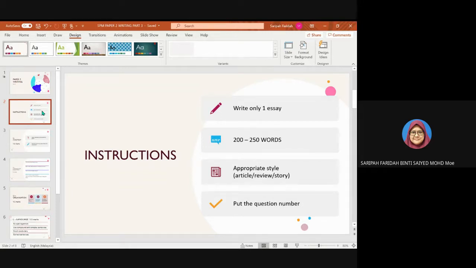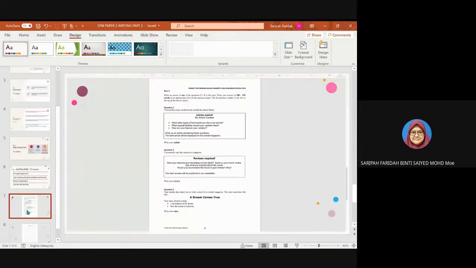And then you must put the question number, because you are only given a page to write. Therefore, you must put the question number. Okay, I'll show you the question. This is the question, part 3. Write an answer to one of the questions 3 to 5 in this part.